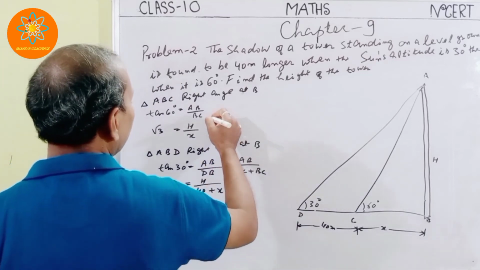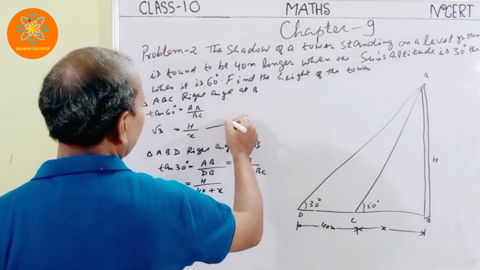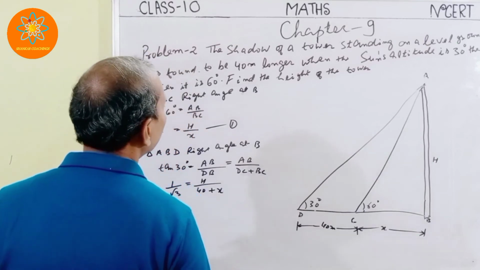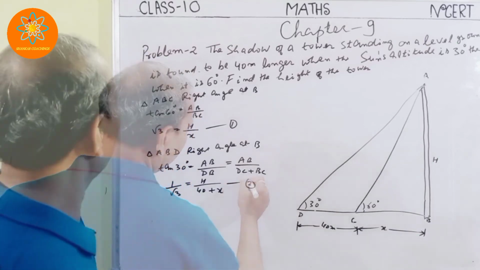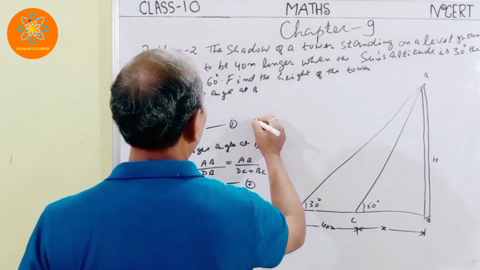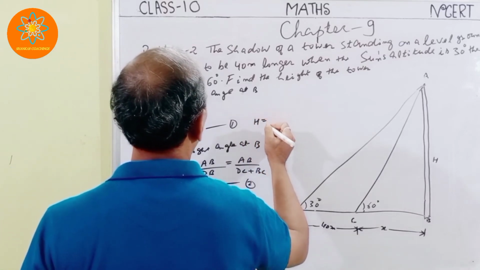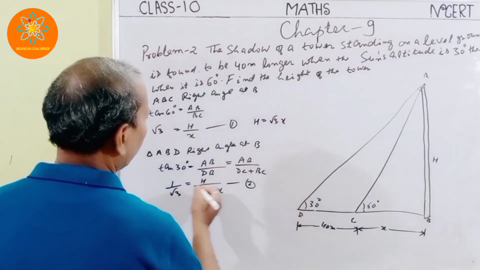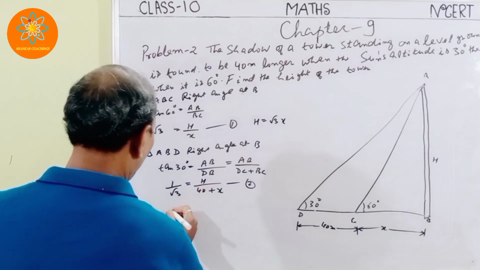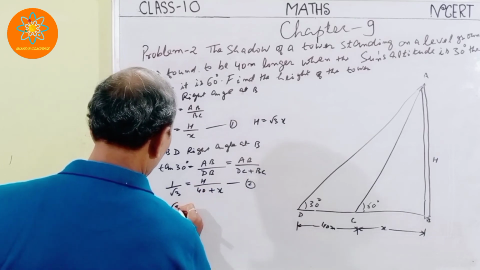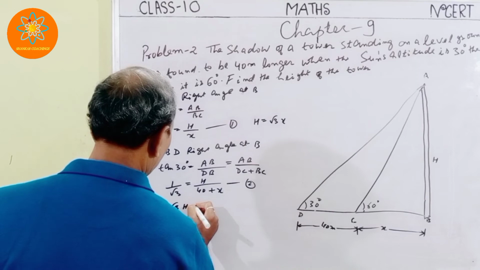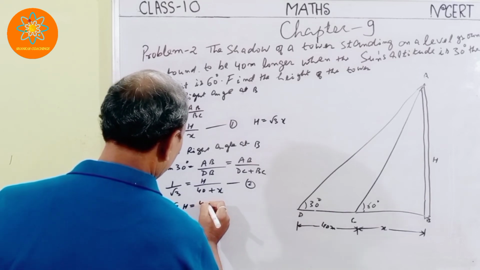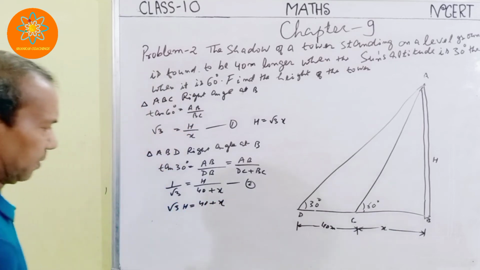So this is your equation 1, and this is equation 2. From this one I can say that h is equal to root 3x. If you cross multiply, you will get root 3h is equal to 40 plus x.